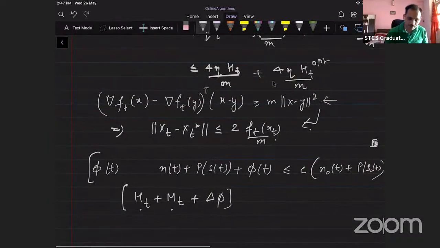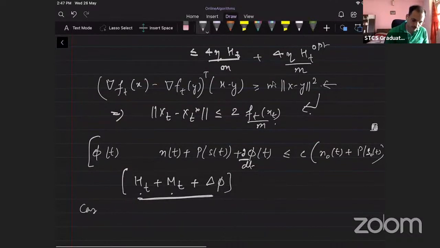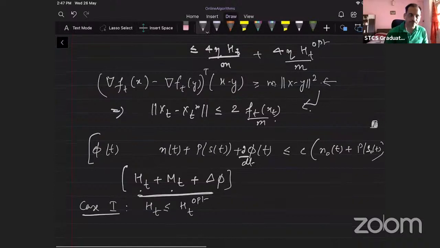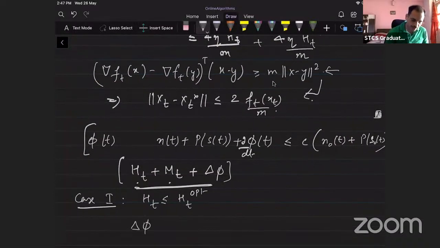Del is now a difference. So there we had d by dt. Now we have a difference. So what we really want to control is how large this quantity is. So case 1, which will be an easy case, where ht is less than or equal to ht opt. So how much is del phi t? I should write here.